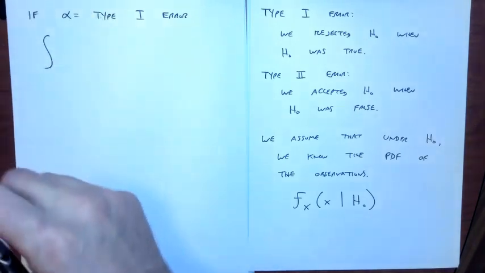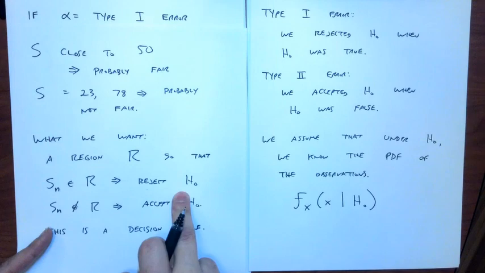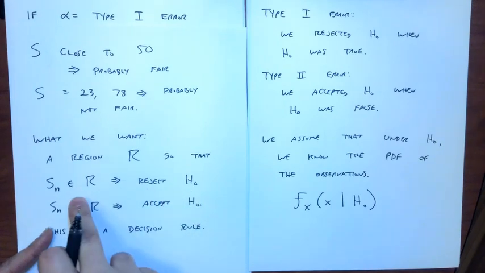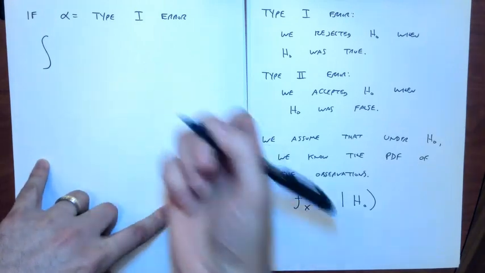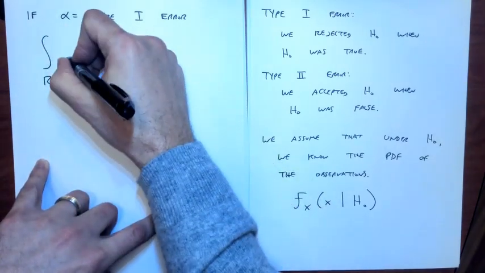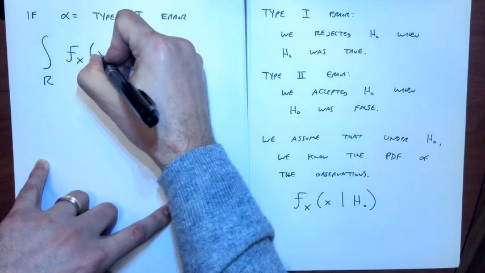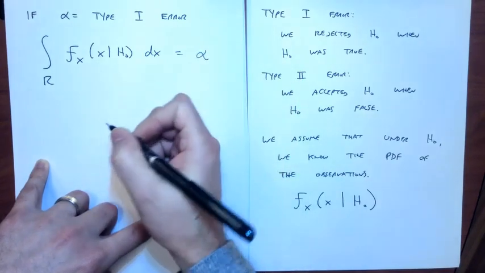Well, the region R is the place where I reject the null hypothesis. So I integrate the probability that I'm in that region R given that I'm in the null hypothesis, given that I'm in H0. So I integrate over R this conditional PDF. That's alpha.